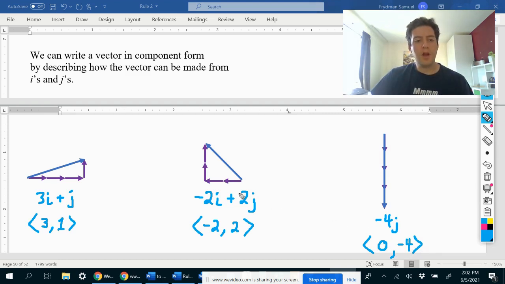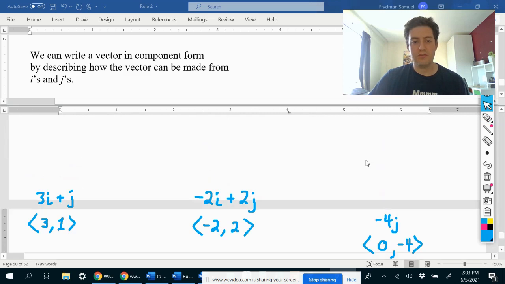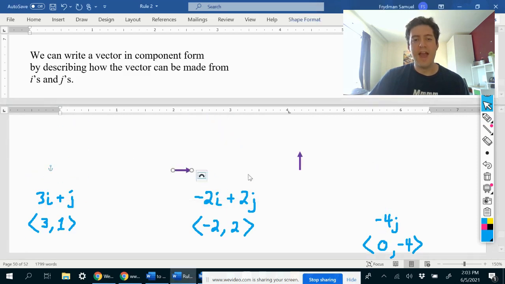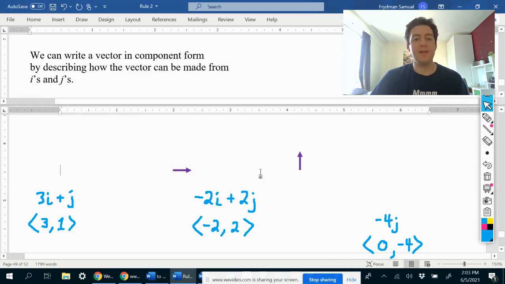Okay, I do want to talk a little bit more about why this first notation makes sense by writing 3i plus j. It makes sense based on what we talked about earlier in the video. So first of all, the vector 3i means take an I vector, which looks like this, remember, and make it 3 times longer.